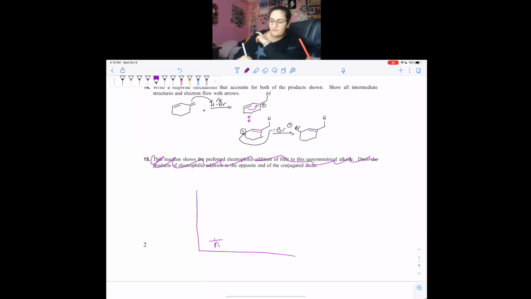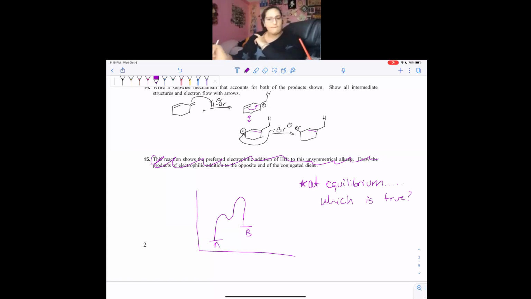We'd say A, B. And the question will say something like, at equilibrium, blah, blah, blah, which of the following is true? So, equilibrium, what does that tell us about the reaction?